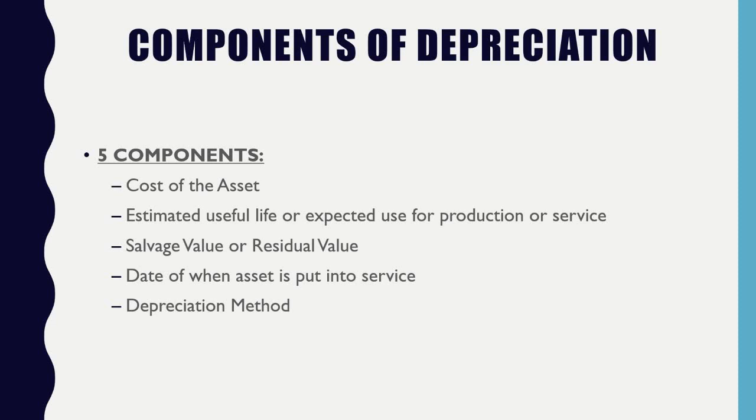And then we have the estimated useful life, or the expected use for production. So in this case, we are going to be focusing on the estimated useful life. So if it says this machine is only good for 5 years, then that's where we have to go off of. And remember, when we determine years, we're determining it just like our children, right? They have birth dates, so this is the same idea here.